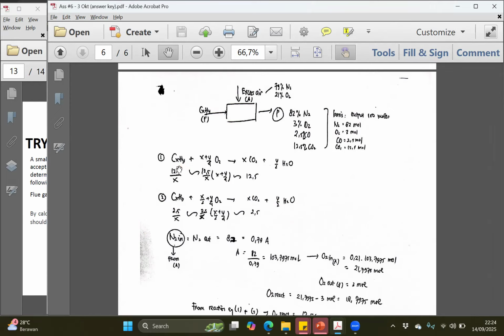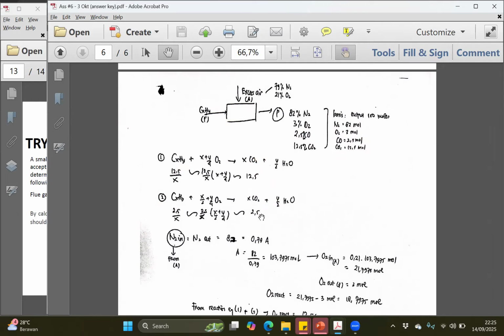Based on the products, I know that I have 2.5 moles of carbon monoxide and 12.5 moles of carbon dioxide in the output, so I will put the numbers here: 12.5 for carbon dioxide and 2.5 for carbon monoxide.